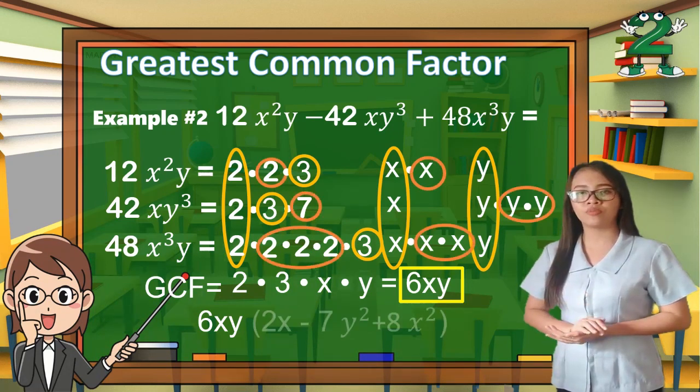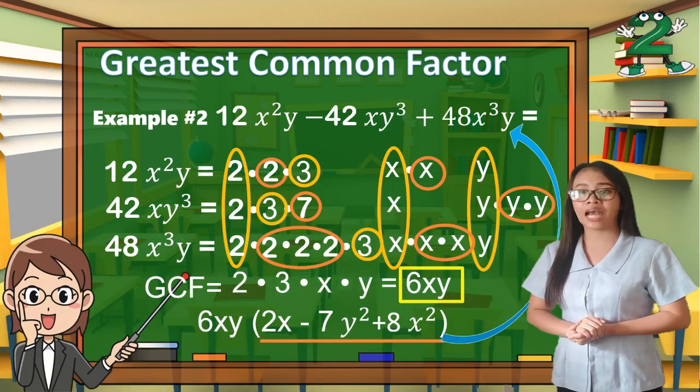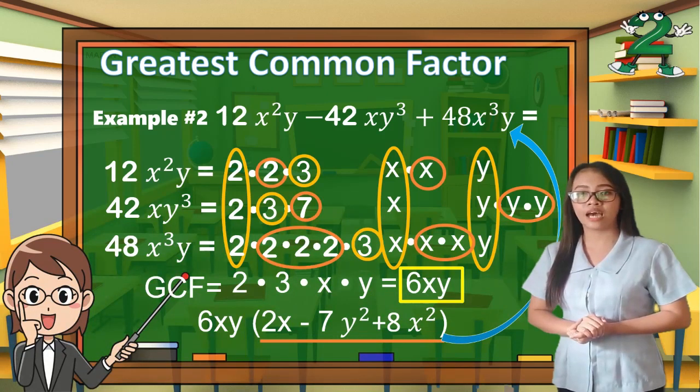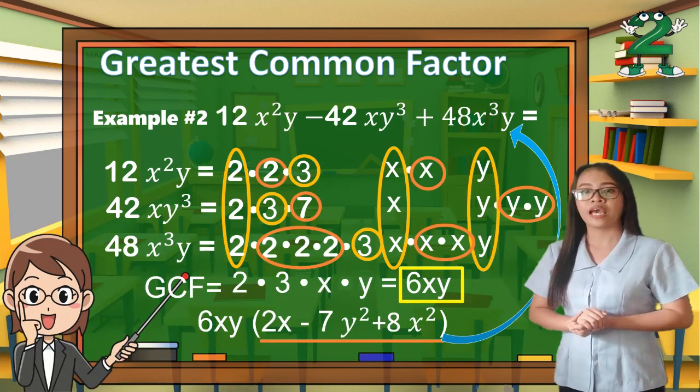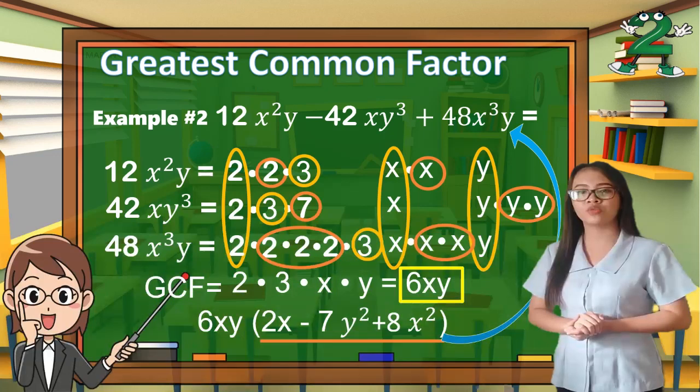And in our factored form, for the remaining numbers, we multiply these and copy the operation, and write this inside the parentheses. To check it, multiply the factored form, and the answer would be 12x squared y minus 42xy cubed plus 48x cubed y.